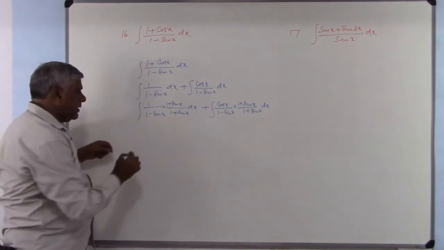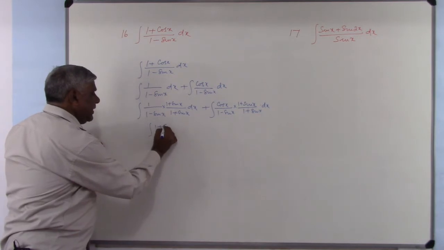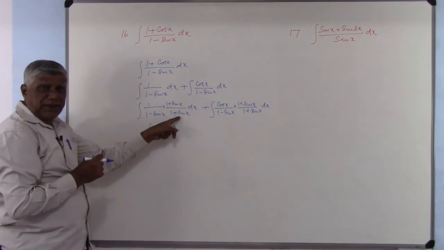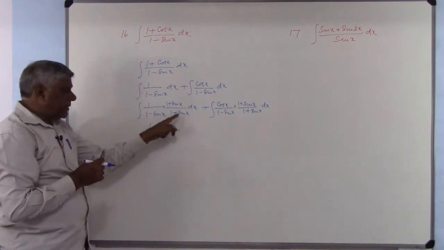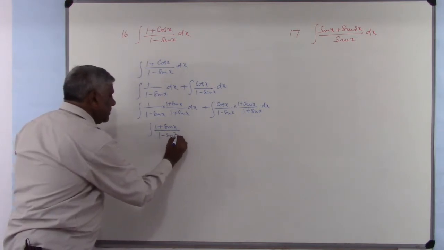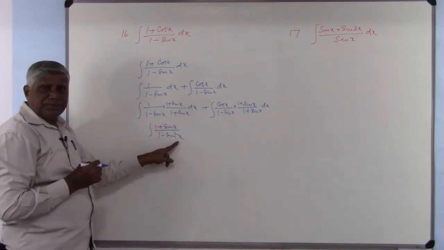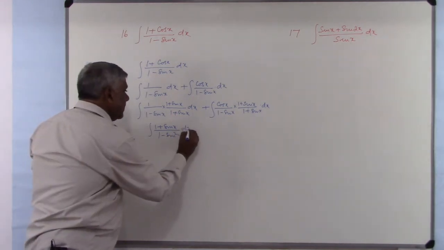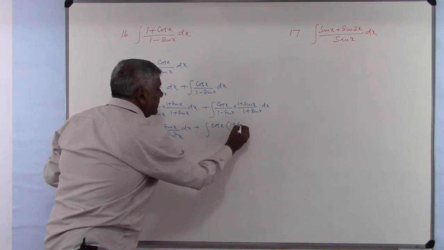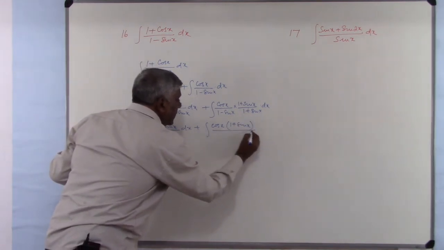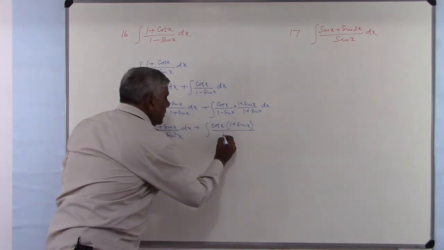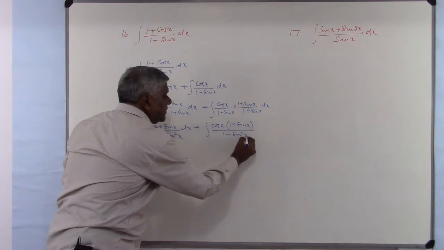Now here we will write like this: 1 plus sin x by (1 minus sin x)(1 plus sin x), (a minus b)(a plus b) is a square minus b square, that is 1 minus sin square x, dx, plus integral cos x into 1 plus sin x by (1 minus sin x)(1 plus sin x), 1 minus sin square x, dx.